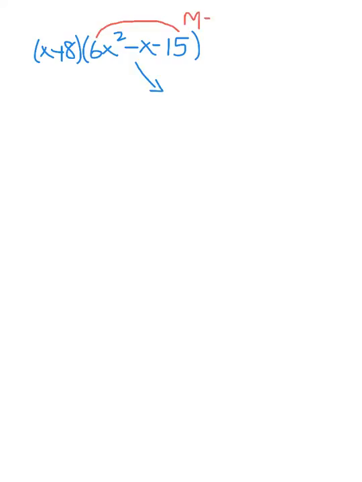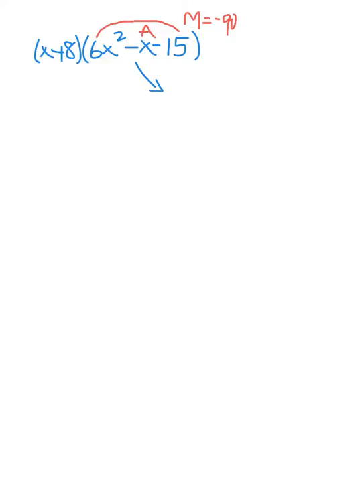So I want to figure out what multiplies to negative 90 that would add to a negative 1. And again, you can put that in your calculator. Go to y equals and do negative 90 divided by x. Okay? And then you go to your table and you look for values that multiply to 90, but that would add to a negative 1.